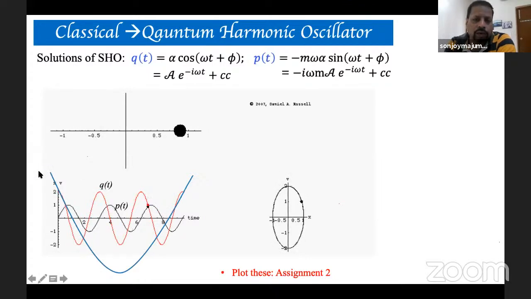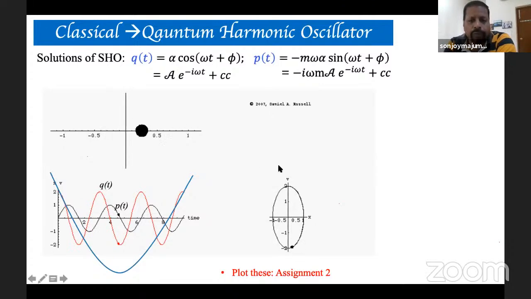And if you like, you can draw a potential which is of parabolic shape on this. But please don't take it literally, because I couldn't make this parabola wider, so I was not able to fit the full wave functions inside the parabola. But classically, you know that this particle is inside this potential.